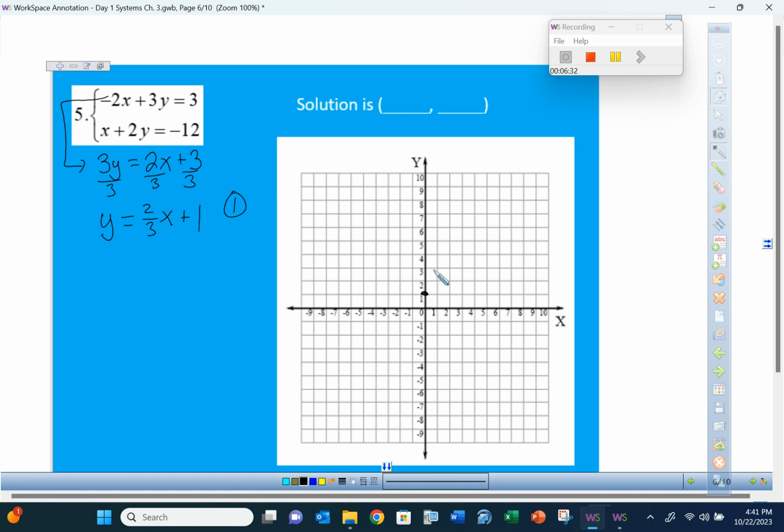Let's go up 2 and over 3. I could also go down 2 and left 3. Whatever it takes. So there's my first equation, guys.